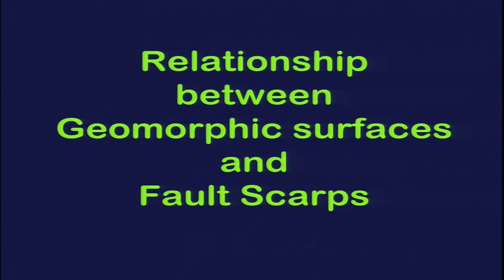So, the relation between the geomorphic surfaces and fault scarp. The previous part which we were talking about was related to the stratigraphic record. Okay. So, we need to complement both the data, actually, what we see on the surface and what we will be able to see in the stratigraphic section.